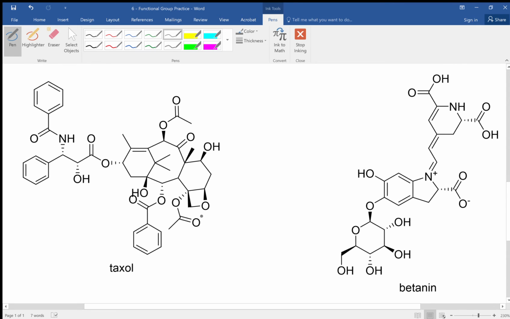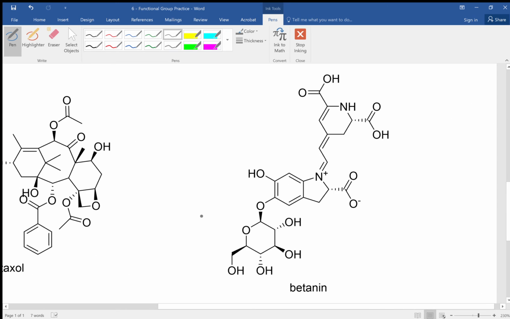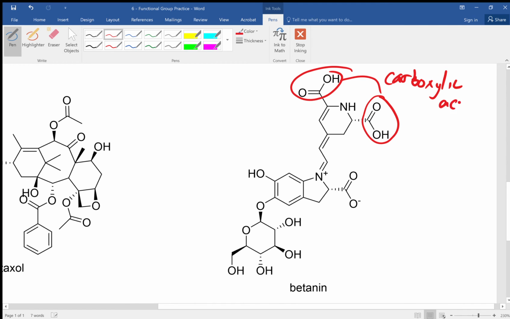So we can start over here on the right with betanin. Betanin is the compound that actually gives beets their color. And so we can start out, we have a pair of carboxylic acids. Here we have an amine.